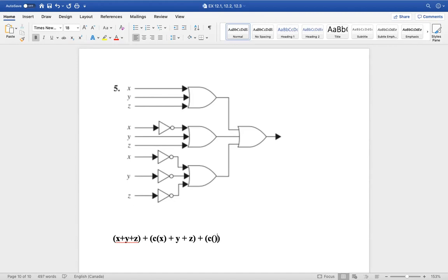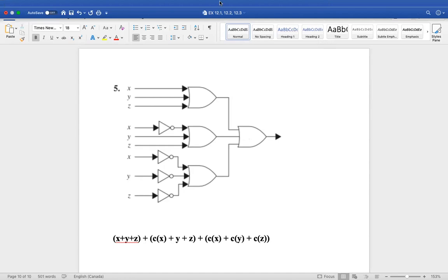So we say complement of X plus complement of Y plus complement of Z. So this is the output of this gate. Any questions here?